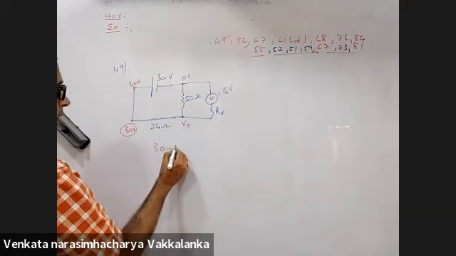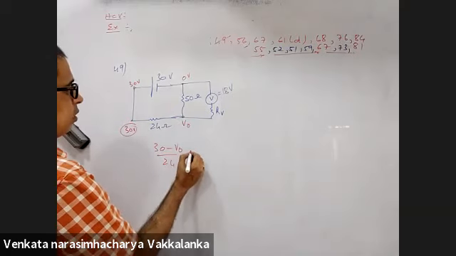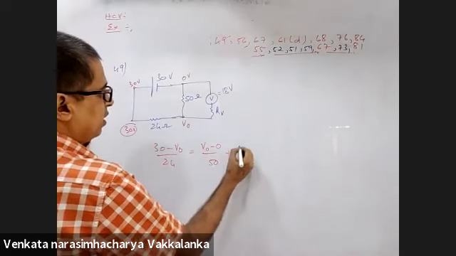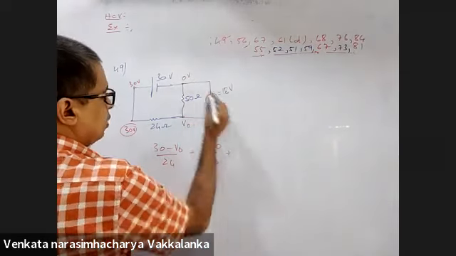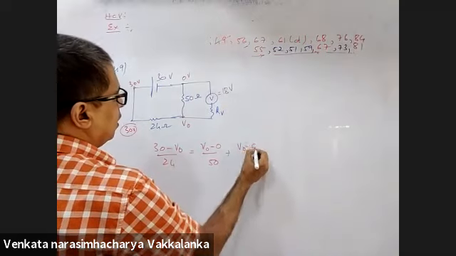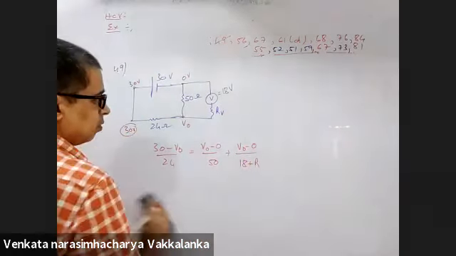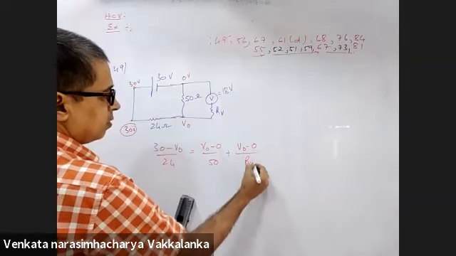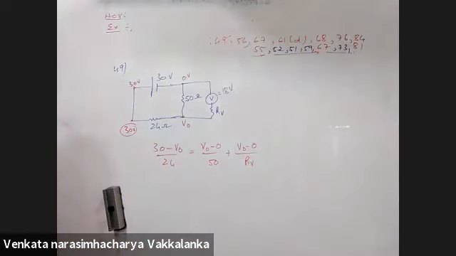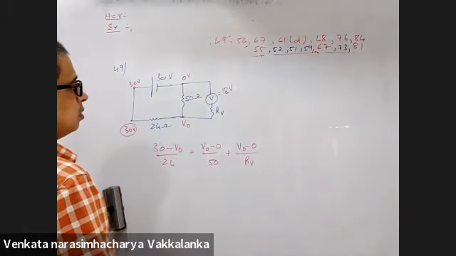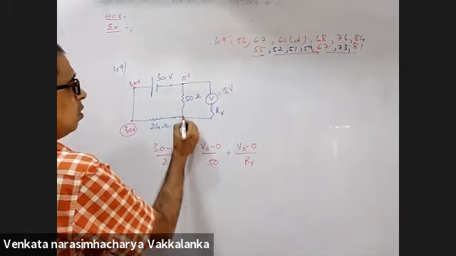Incoming current (30 minus V0) by 24 is equal to (V0 minus 0) by 50 plus (V0 minus 0) by RV. V0 you can take as 18, like measured.